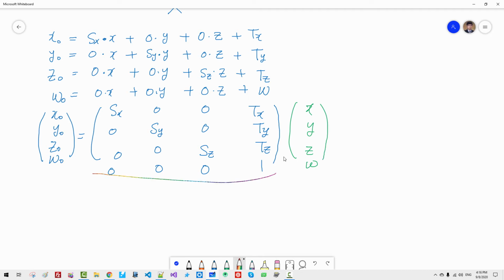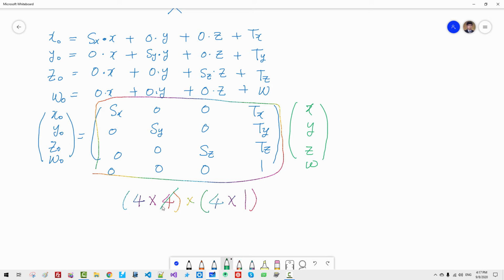Now this matrix is 4 by 4, times a 4 by 1 column.